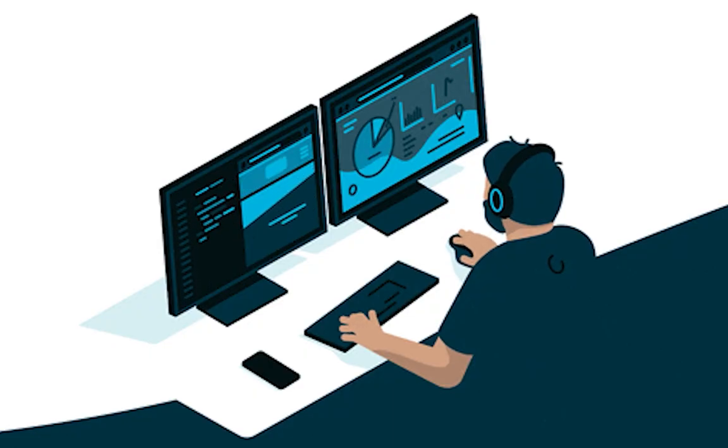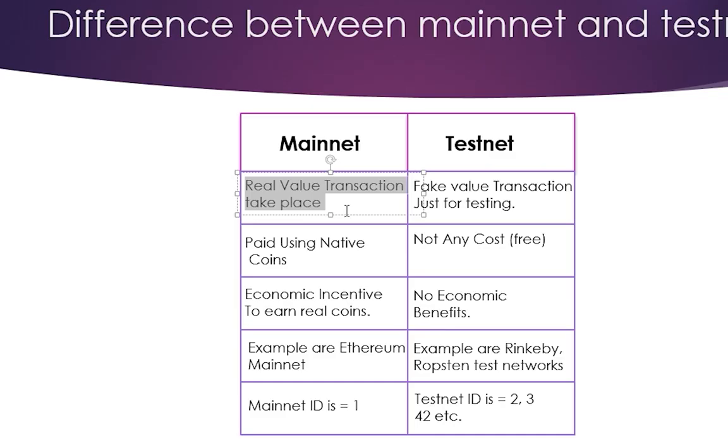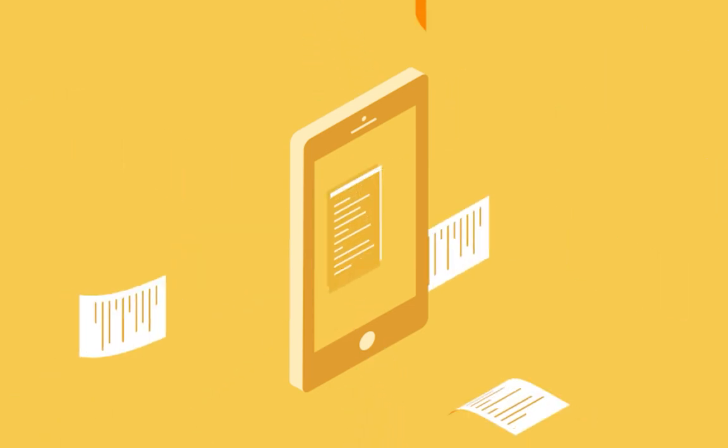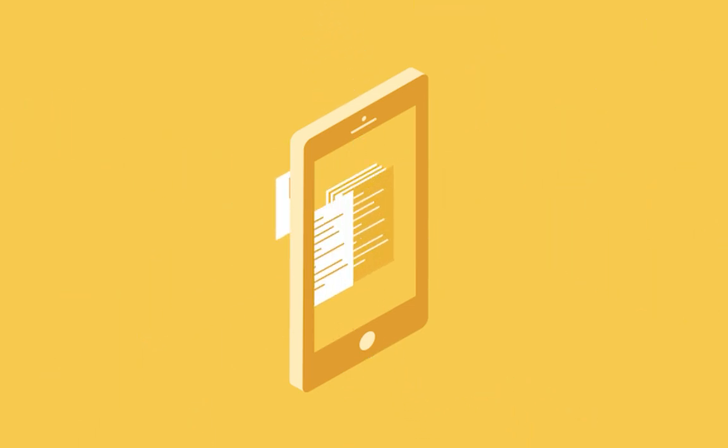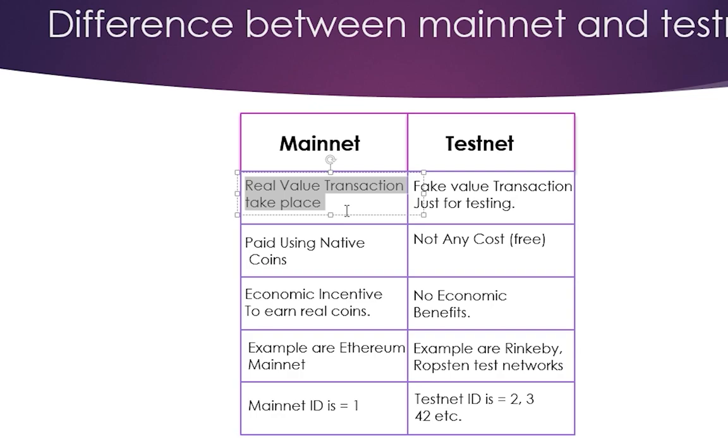A developer writes a smart contract in the Solidity language and then compiles it. Alright, so the developer will deploy it. There will be some methods in the smart contract like sending coins, receiving coins, and some other methods for transactions. Now, when this transaction takes place, a real value transaction takes place.